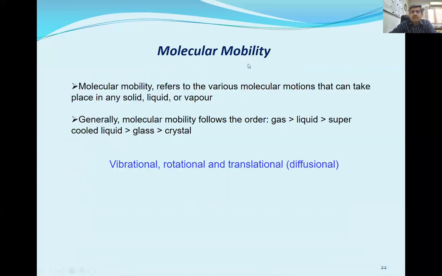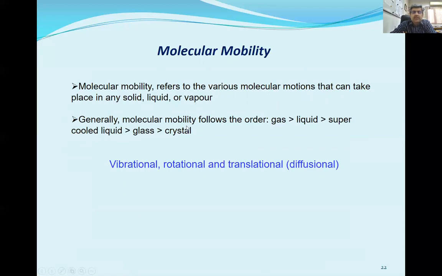The role of molecular mobility in the conversion of the amorphous form to the crystalline form is very, very important, and we need to understand this concept in slightly more detail, because this is going to be useful when we are going to design amorphous solid dispersions for pharmaceutical applications like increasing the aqueous solubility. Molecular mobility refers to various molecular motions that can take place in any solid, liquid, or gaseous state.